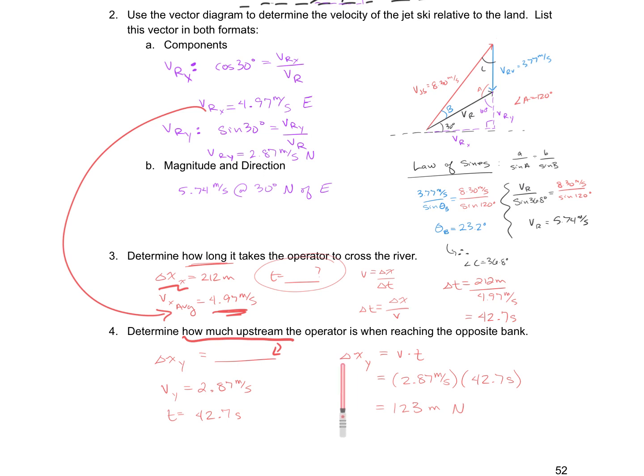And so from here, you know that the displacement in the y direction is equal to the velocity times the time. It's just a rearranging of these equations. So the velocity in the y, I'll put a little subscript here. The velocity in the y direction is 2.87 meters per second north, and the time is 42.7 seconds, which means that the final displacement in the y direction is 123 meters to the north.